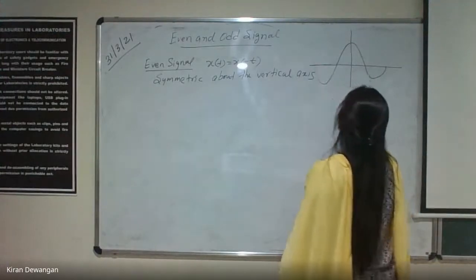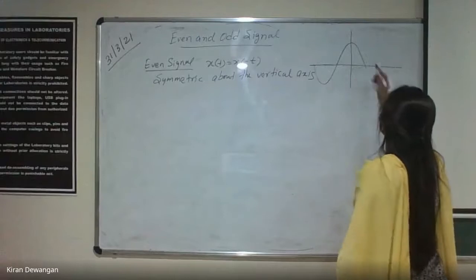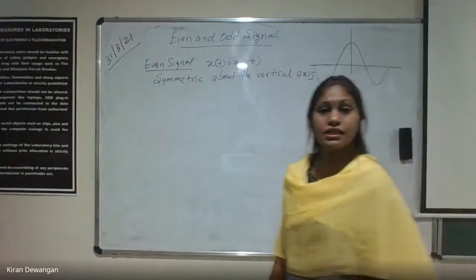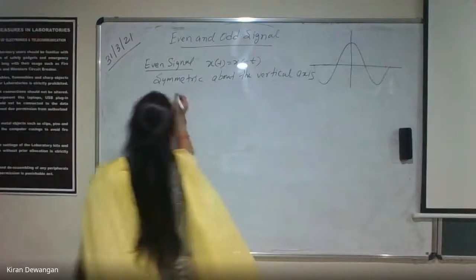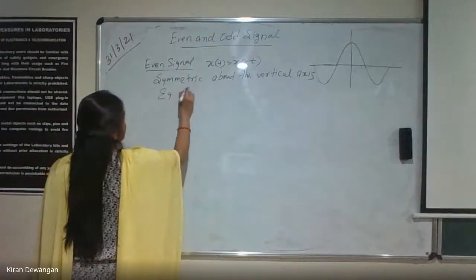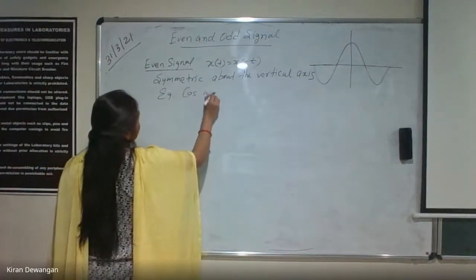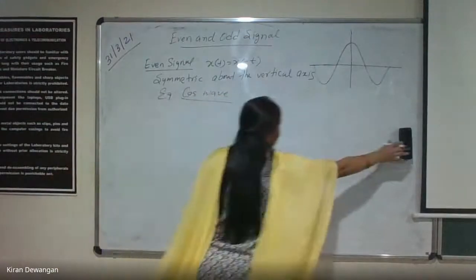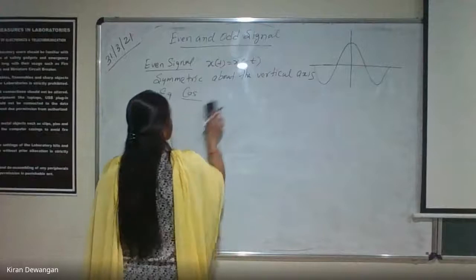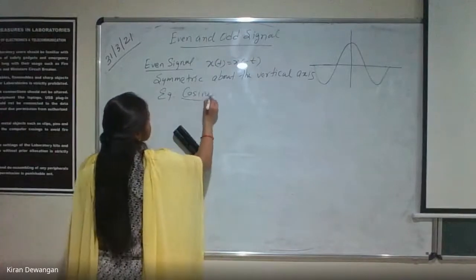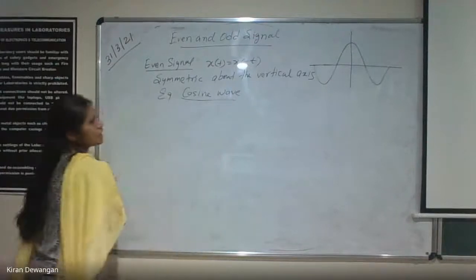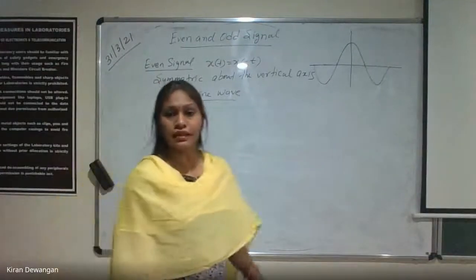We'll go a little deeper. This side also and this side also. So the cos is an even signal. Example, the cosine wave is an even signal.